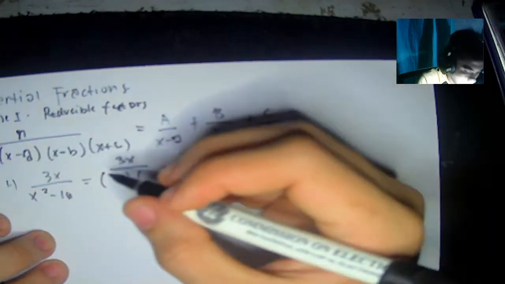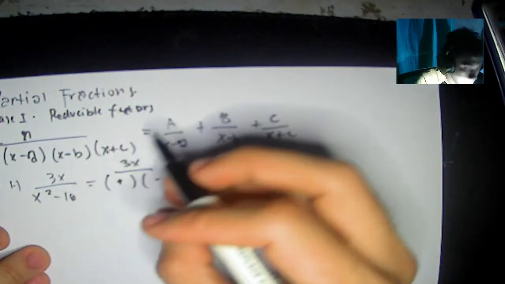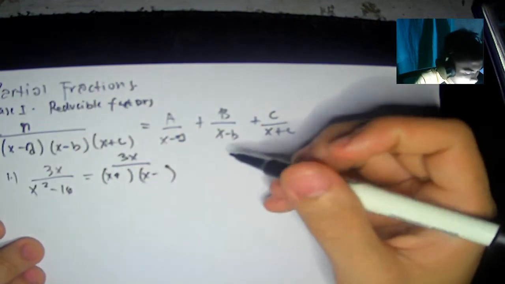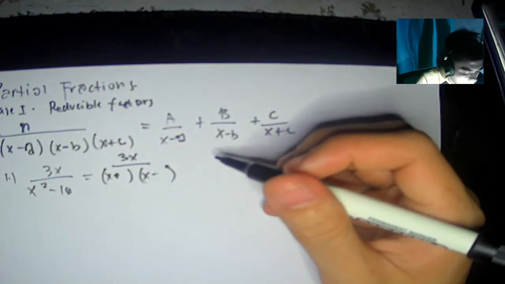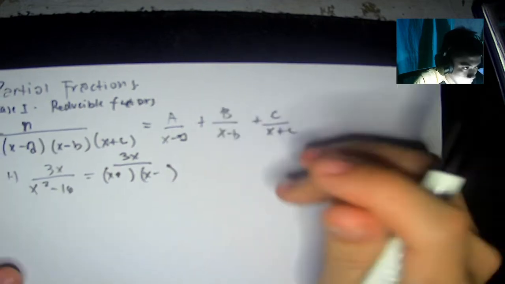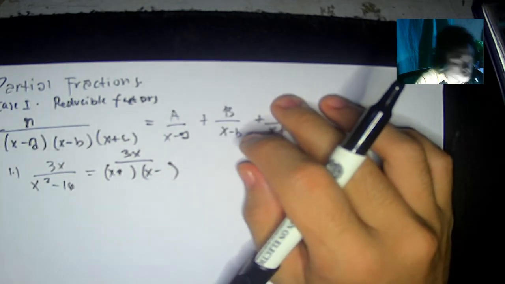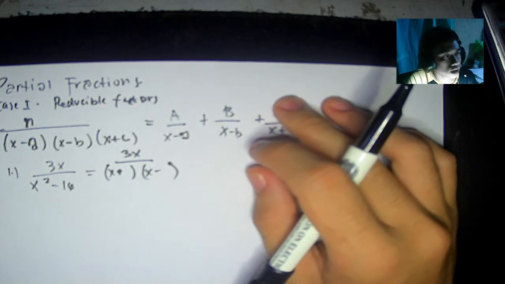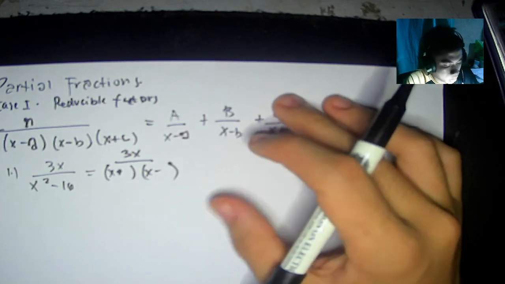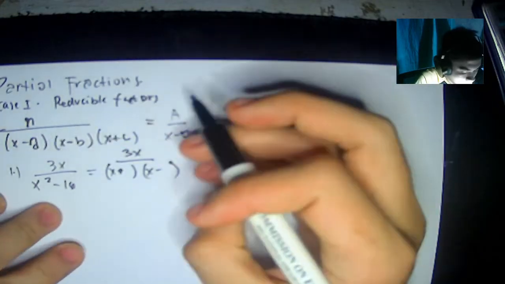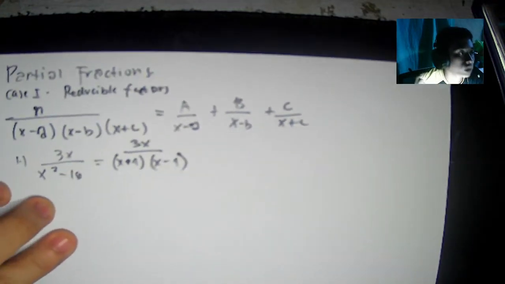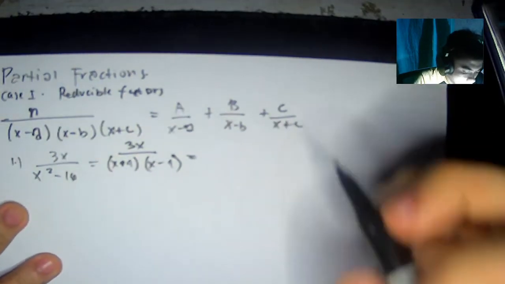To have x squared, simply x and x. Next, 16. What are the factors of 16? I think the easiest is 4, because the square of 4 is 16, a perfect square. I think right there we have our factored function now.